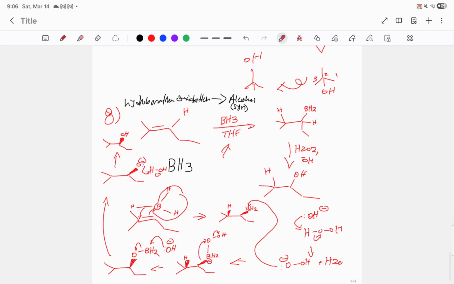And so we can summarize this reaction as a hydroboration portion, which is concerted, and then the 2-step oxidation, which is first the addition of the peroxide, and then the hydrolysis of the borate. And there you go.